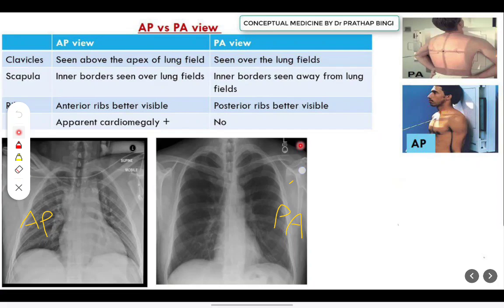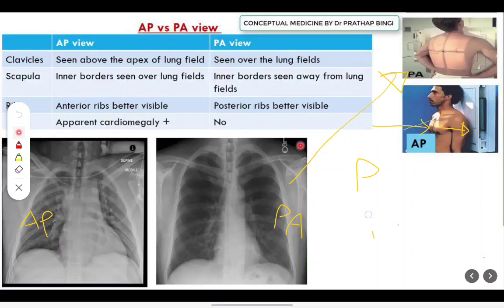This is while the patient stands like this, his back to the X-ray tube and his face to the film. This is posterior anterior. Anterior posterior means that the beam comes through the anterior chest of the patient and cuts it to its back.